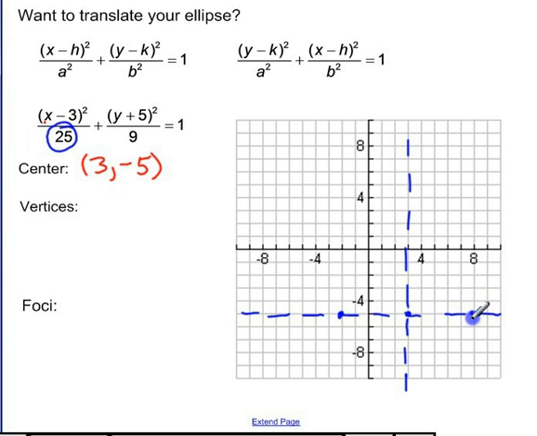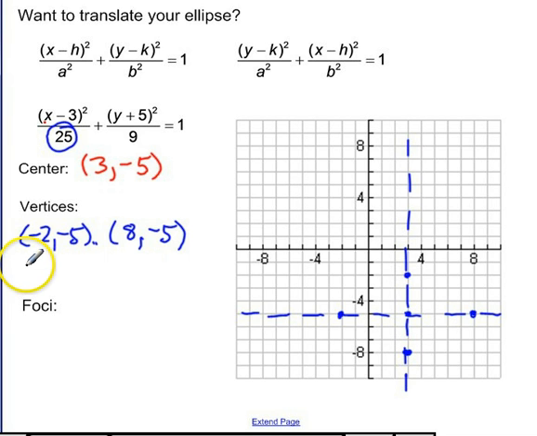So there's one vertex. So I'm at (negative 2, negative 5), and we are at (8, negative 5). Okay, going in the vertical direction, I'm going to go up 1, 2, 3, down 1, 2, 3.